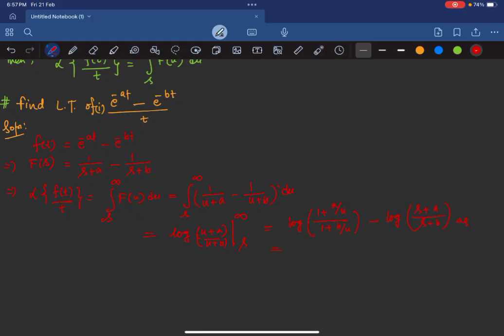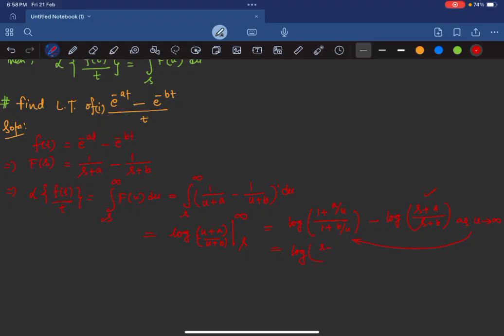For the first part, as u tends to infinity, we get log 1, which is nothing but 0. For the second part, we already put u equals s. So if you simplify it, you will get minus log of this quantity.